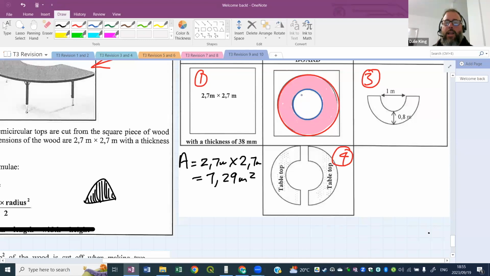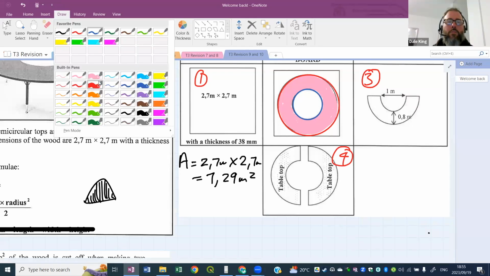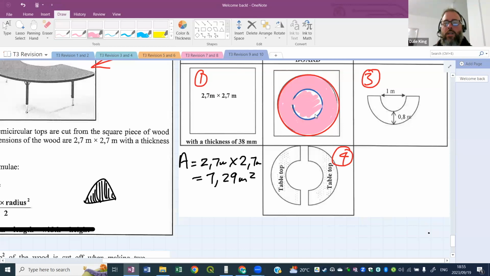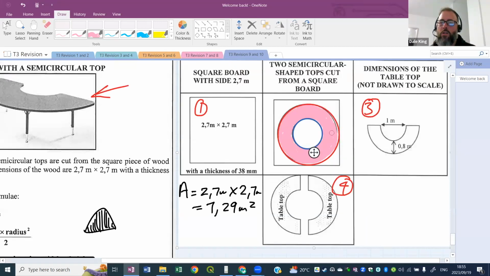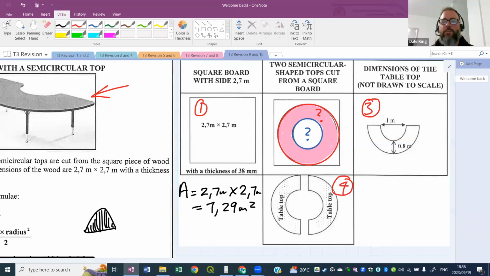Now, if this inner circle wasn't blank, this would be a whole lot easier, because we would just work out the area of the whole circle and subtract it from the square. But it's not that easy. We can't remove the middle circle. This middle circle outlined in blue has to stay. So we need to know what that middle blue one is, and then we need to know what it would be if there was a big solid red or pink one. You with me?